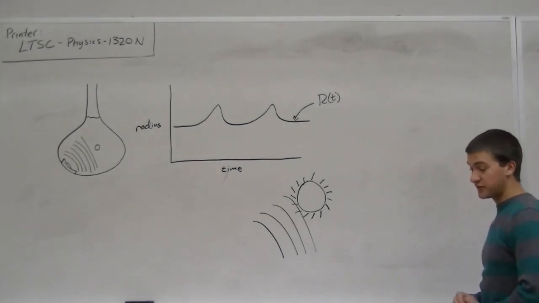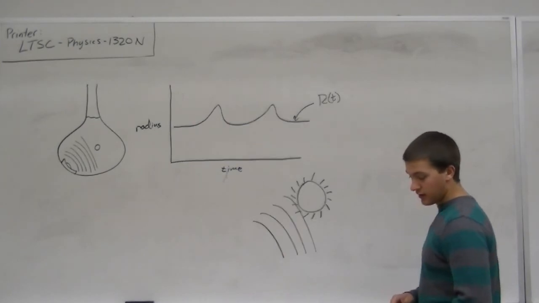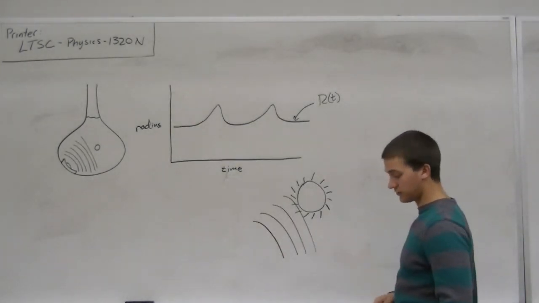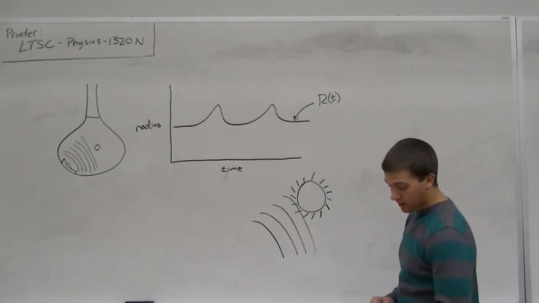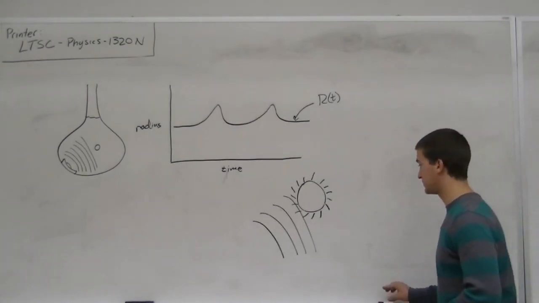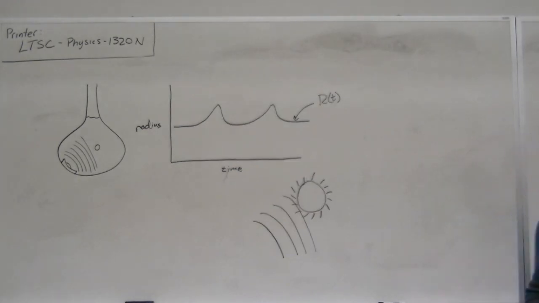Those fields would also vary with the radius of the bubble, and the two fields, the electric and magnetic field, would be able to be incorporated into a mathematical model that shows the amount of radiation given off by the bubble. So, continued in the second part.